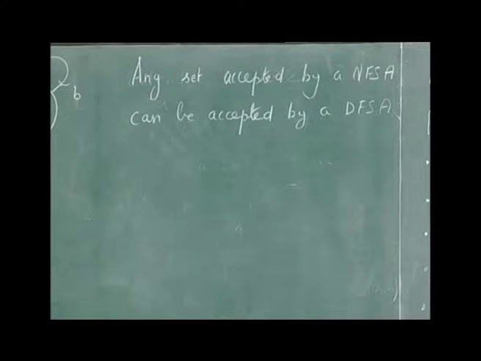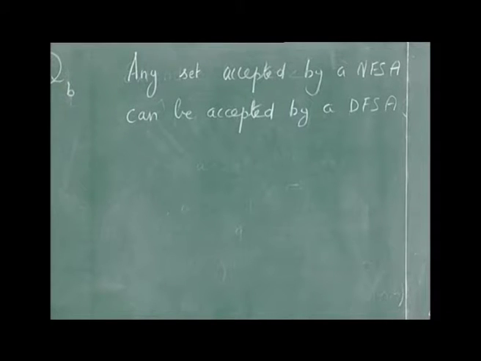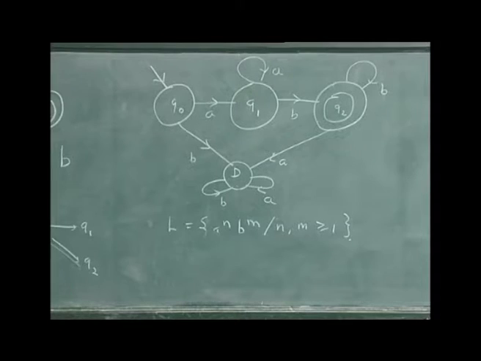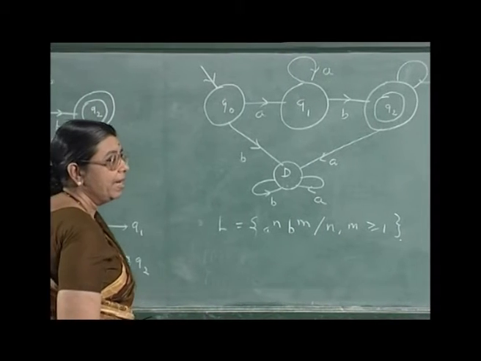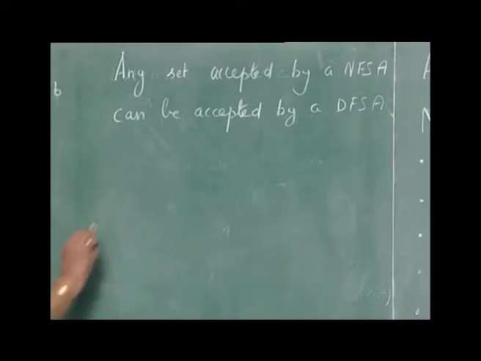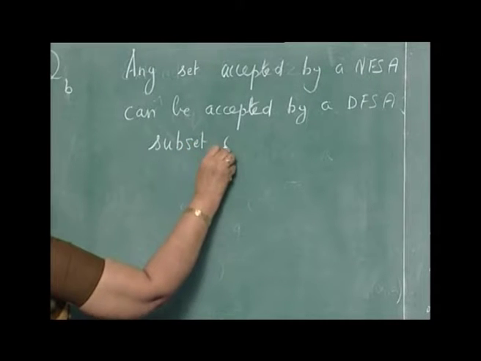Now, before going into the regular proof, we can consider this example, how we can get this from this. Take this example, then we shall go to the formal definition. The method used is called subset construction.